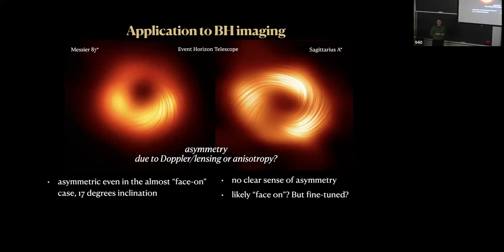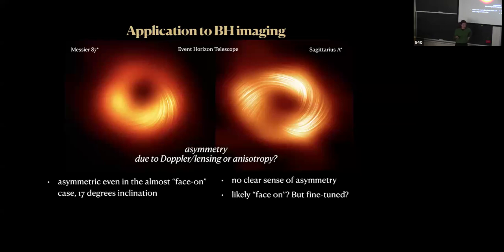So, correct me if I'm wrong, but aren't the people of the Horizon Telescope also claiming that Sagittarius A star is orbiting almost perpendicular? Yes, exactly. I want to stress that for this one, we know that it's almost face-on and there is significant asymmetry.